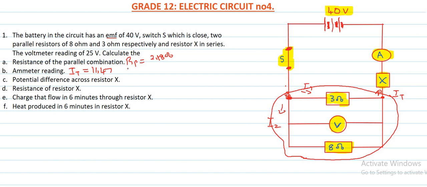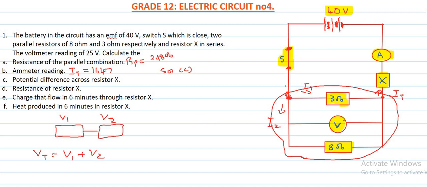Let's look at question C. On C, they said calculate the potential difference across resistor X. So for us to get the potential difference across resistor X, remember that when two resistors are connected in series, this is V1, this is V2. So the total voltage will be equal to V1 plus V2.